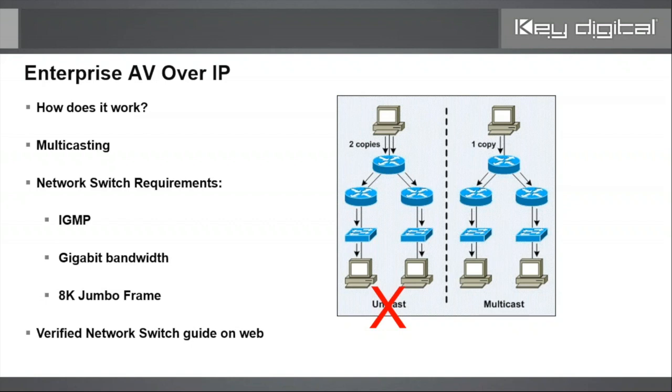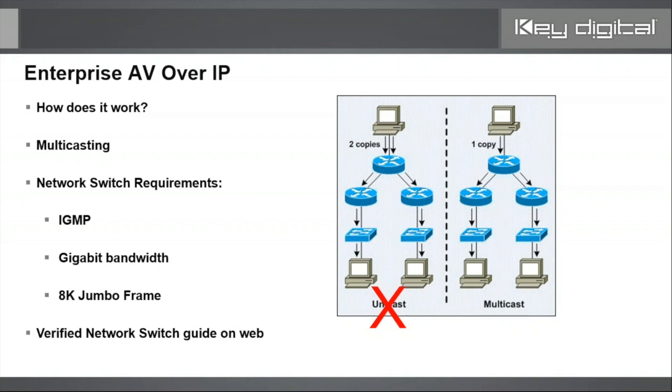Now, we also require a minimum gigabit bandwidth for your network switch and jumbo frame. It's commonly referred to as 8K jumbo frame. Some network switches call it 10K jumbo frame, 11K jumbo frame. But what it means is that each port can actually pass larger than typical network packets, because AV over IP, 4K especially, means some very large network packets.